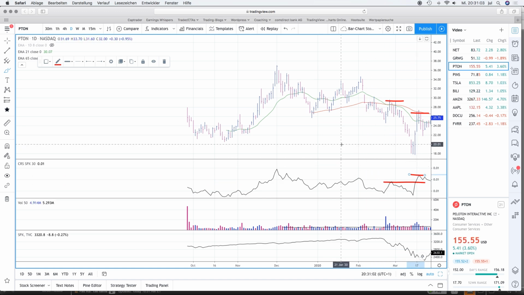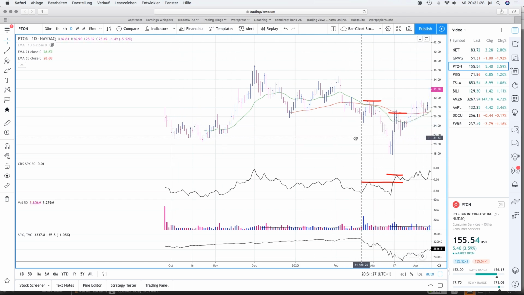So always when the RS line is leading, this is a very, very good sign, because it means that either the correction in the stock was not so strong in comparison to the S&P 500, or on the other side, the up move was much, much stronger than in the S&P 500. I think that was the case here with Peloton.